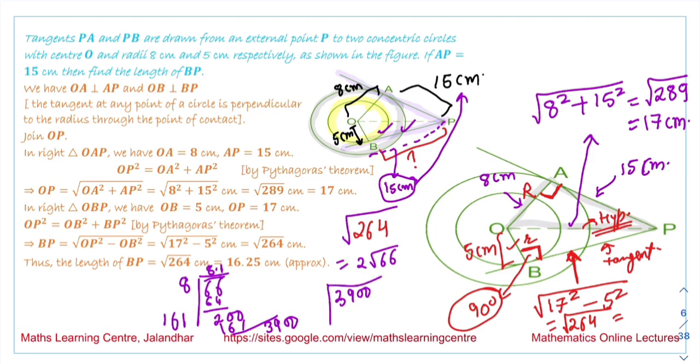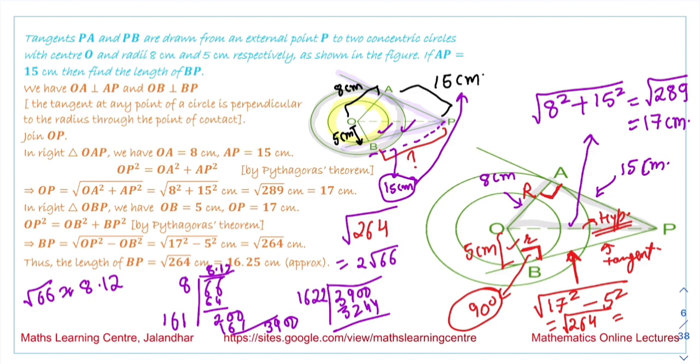The next number we will have over here is 162, and we multiply it with 2, so we get 1622, and the answer we will get is 3244. So square root of 66 is approximately 8.12.